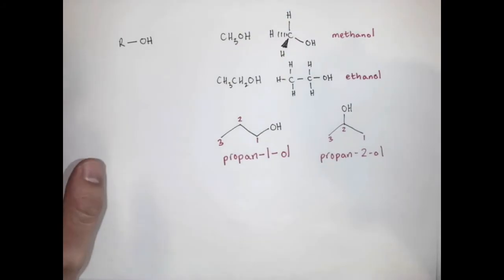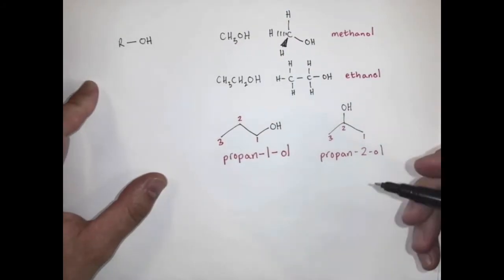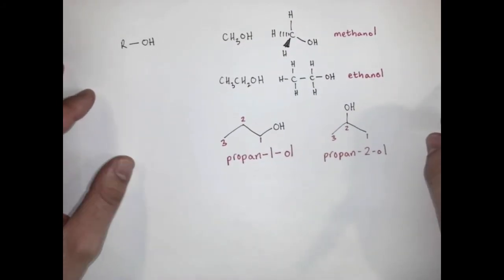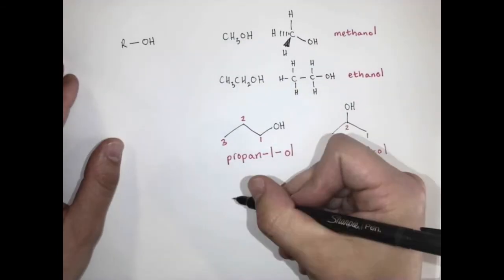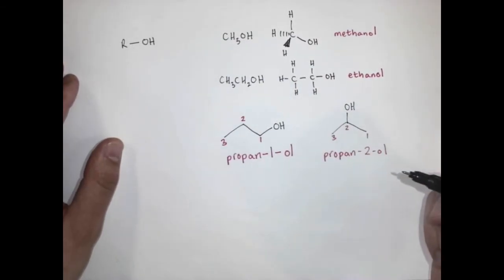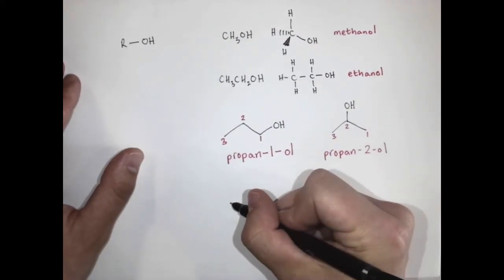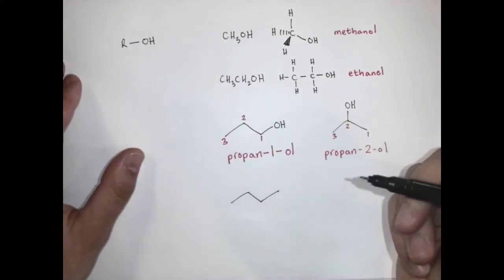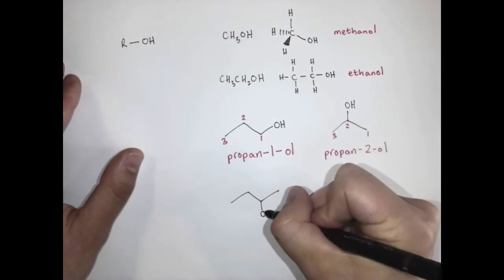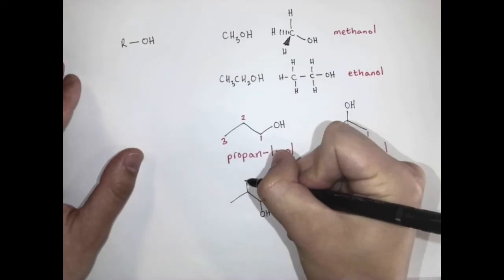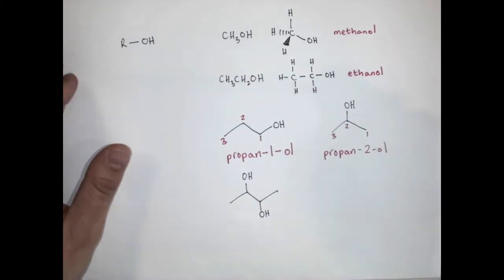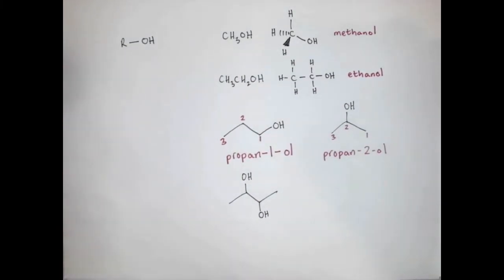All right. The next one I want to show you is what do we do if we have multiple hydroxyl groups coming off of a main chain. So let's do something like this. So what do we do when we have 2 hydroxyl groups coming off? It's still an alcohol.